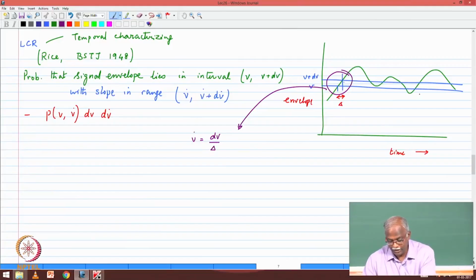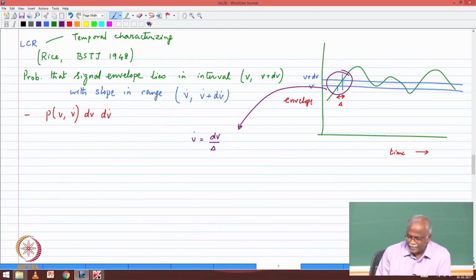There may be other parts where the crossing is happening with a negative slope, or somewhere a steep slope, and so the question is what is the probability that the signal level lies in this region, and how do we capitalize on this particular aspect.